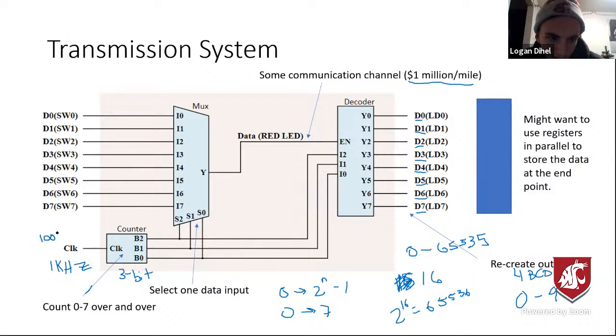It doesn't really matter what it is, as long as the system can handle it. Most of the time in 214, like if you're making the stopwatch, you're going to have a clock divider coming in here to give you a 1 kilohertz input into a BCD counter. But the actual clock divider is really just a counter in itself with a little extra functionality, running off 100 megahertz. So you don't need a clock divider to run a counter.